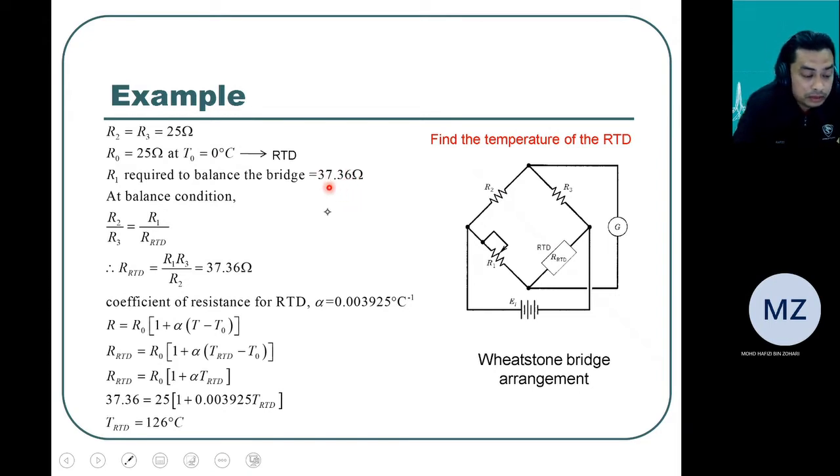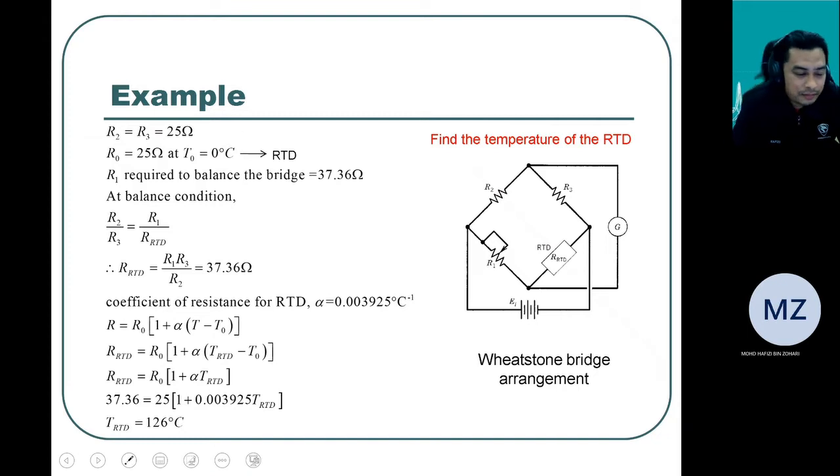So we know that R2 and R3 are a fixed 25 ohm, and then R1 is this one, and then just fill into the equation here. Okay, then you got RTD is 37.26. Of course, it will have the same value, because R2 and R3 are the same value.